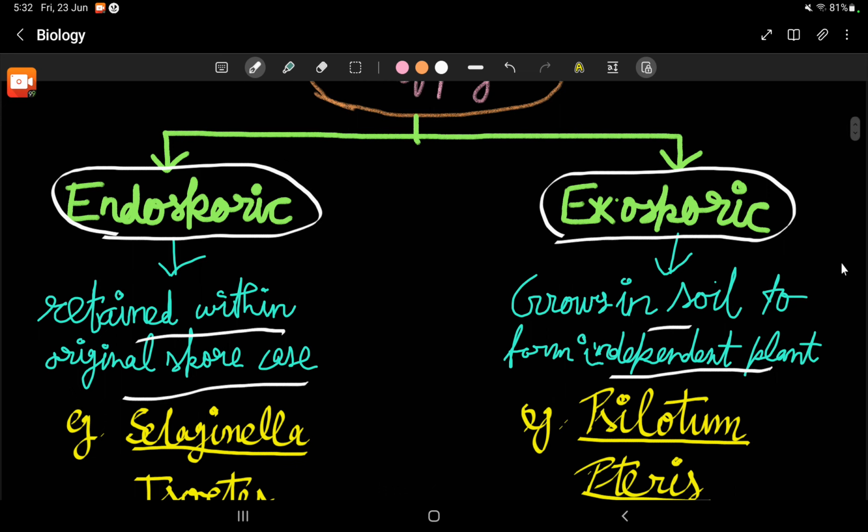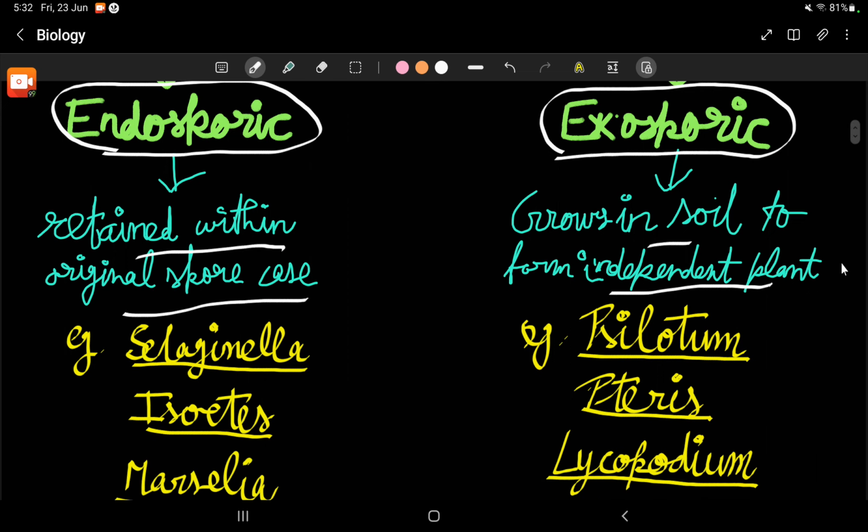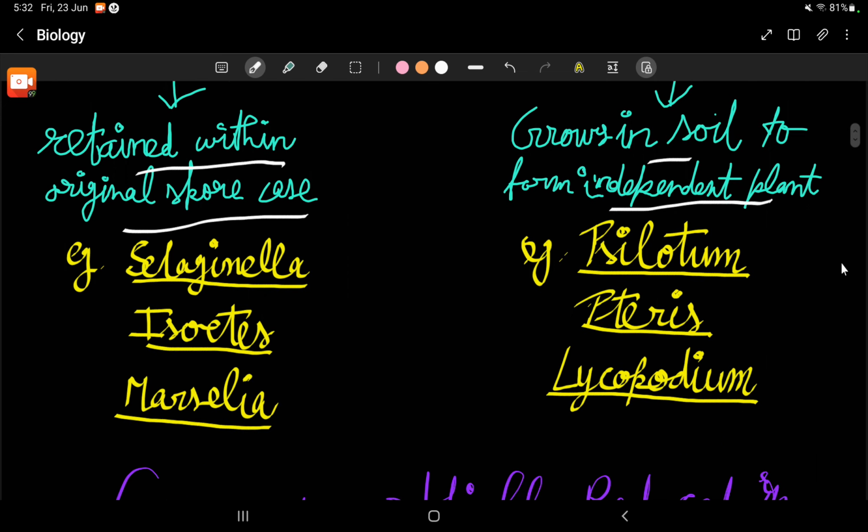Many questions are asked on examples of endosporic gametophyte. Selaginella, Isoetes and Marsilea are endosporic, while Psilotum, Equisetum and Lycopodium are exosporic gametophytes.